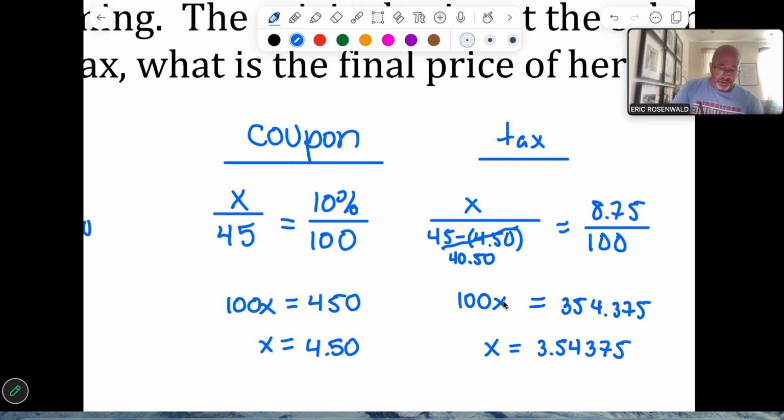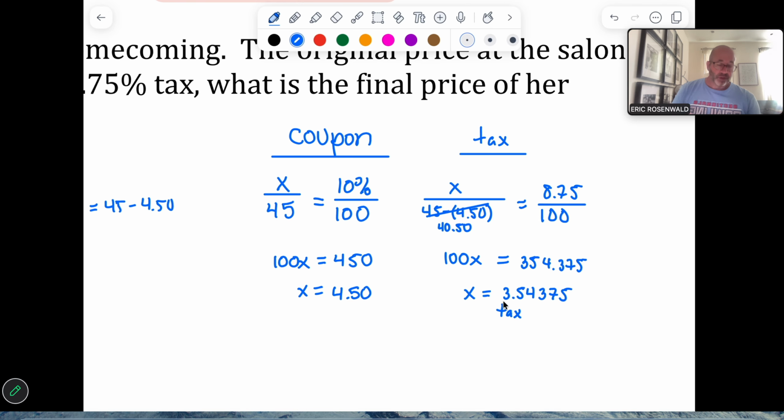And we need to know, well, what's 8.75% of this? If we work through and cross multiply and solve, we get that the tax on this is approximately $3.54, a little bit more actually, okay? But what they do is they go ahead and round it. They said that this is just going to be $3.54.